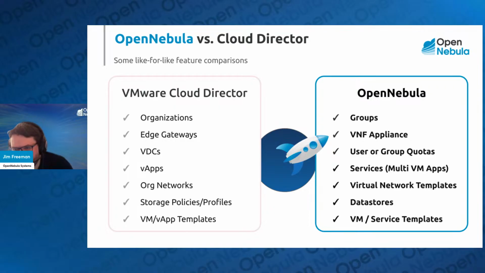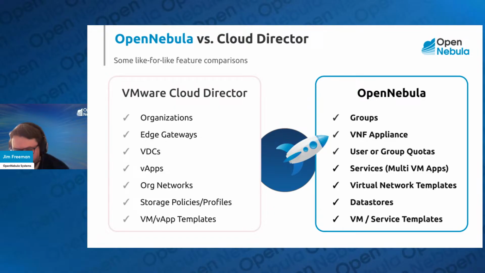If you're used to using these multi-VM style applications and your customers are using them, we have a concept in OpenNebula called services that does a very similar thing and allows you to bring multiple VMs into a group that you can then put affinity and anti-affinity rules on, to set that this VM must always start up before this one and things like that.